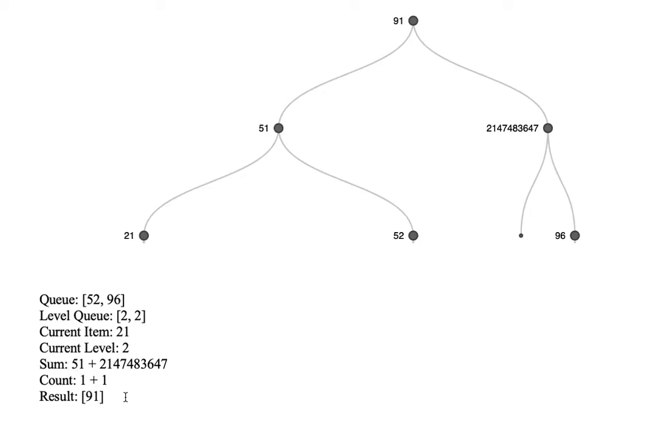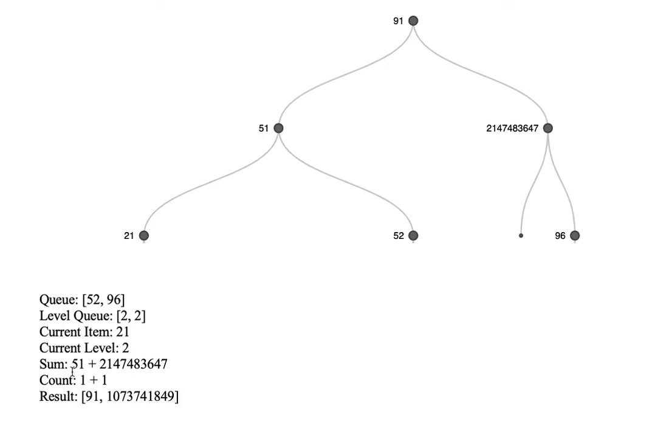Now my current level has changed from the previous level, which was 1. So I need to store the result. What I need to do is sum up these two numbers and divide it by the count. So essentially it would be 107,374,1849.